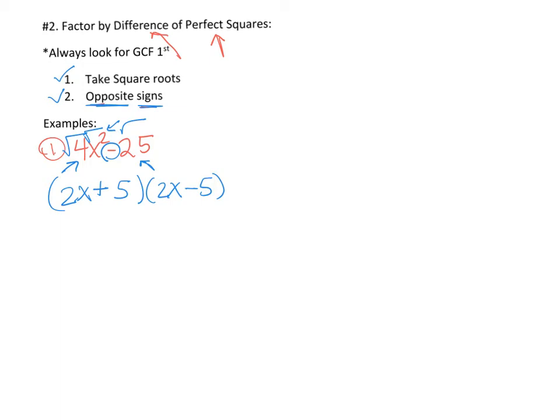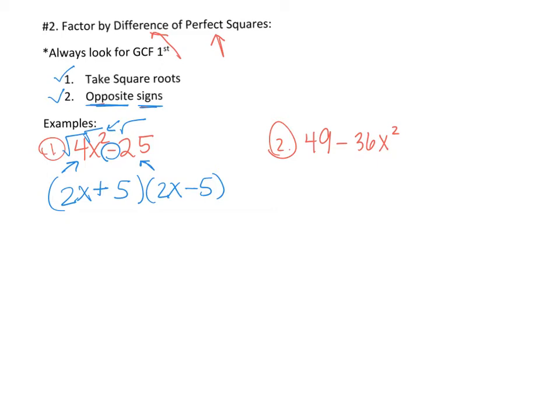Okay, so what if we had 49 minus 36x squared? Okay, so again, I'm going to check to make sure that I actually have the difference of perfect squares. So I've got a perfect square of 49. I've got a subtraction, perfect square of 36, perfect square x squared.